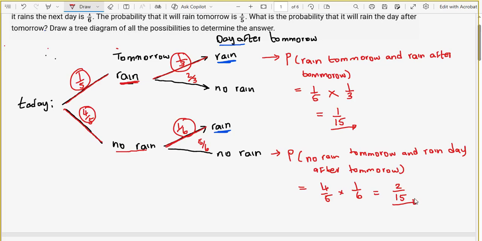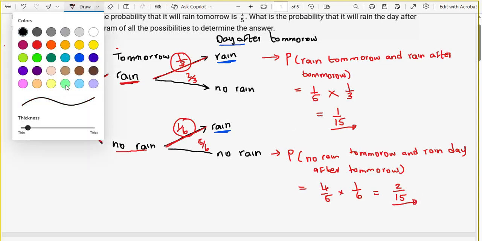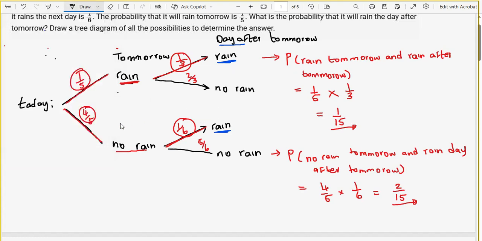So now, before we move on, there are some mistakes that I don't want you to make. For example, do not take this probability and multiply with that probability because they are not even on the same lane. Please don't do that, okay? Are you still with me? Yes, sir.